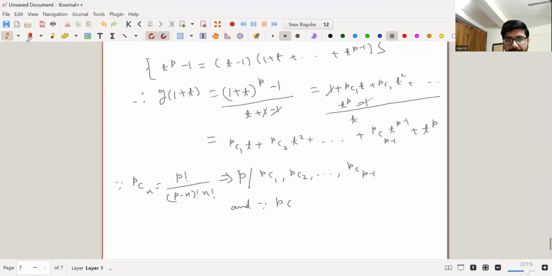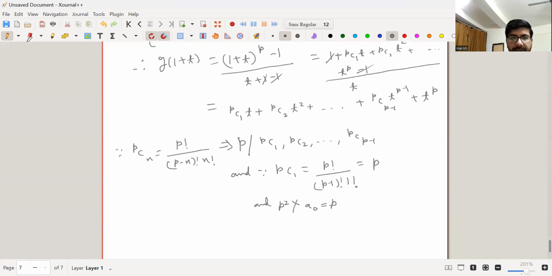Since pC1 is equal to p factorial divided by (p minus 1) factorial and 1 factorial, p times (p minus 1) factorial gets cancelled out, and this is just p. And of course, p squared does not divide a naught, which is p. So p divides all the other coefficients, and p does not divide the leading coefficient a_n, which is 1, but its square does not divide a naught.